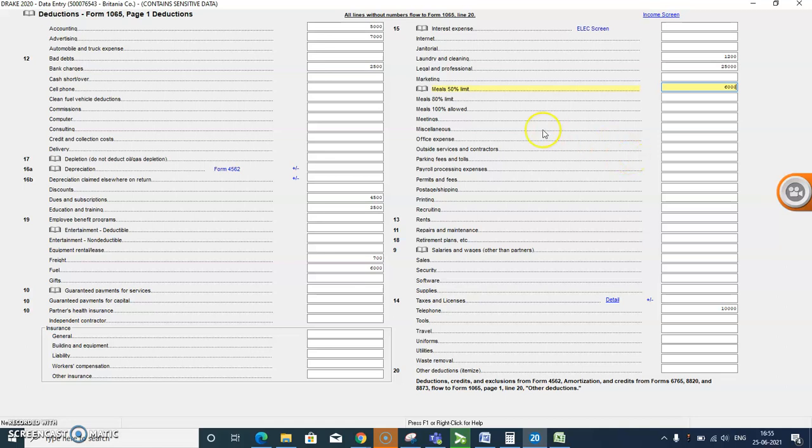Office expense $1,500. Repair maintenance $7,500. Software $20,000.